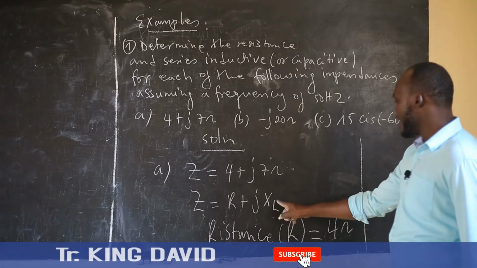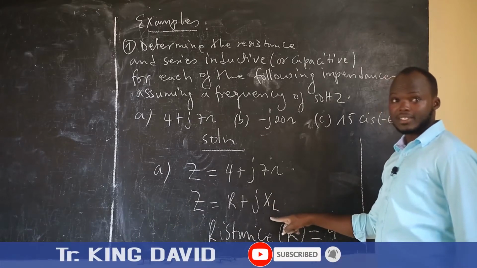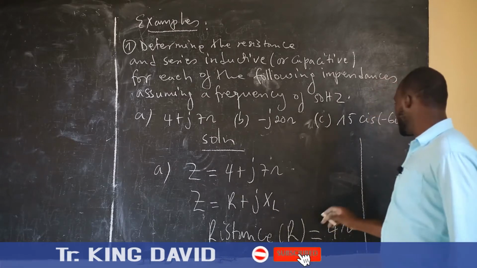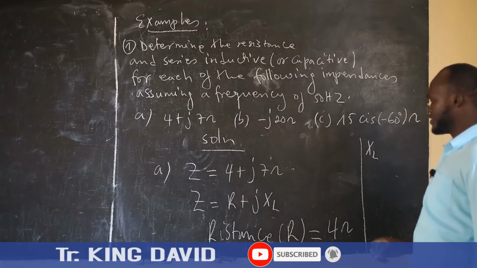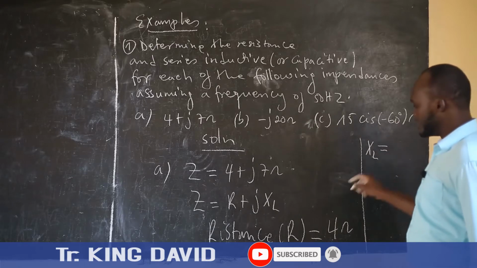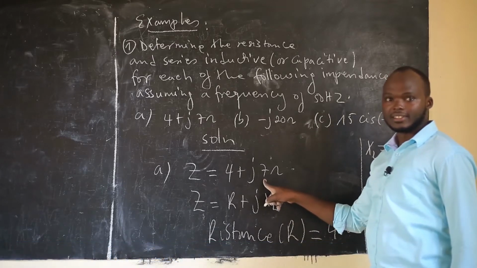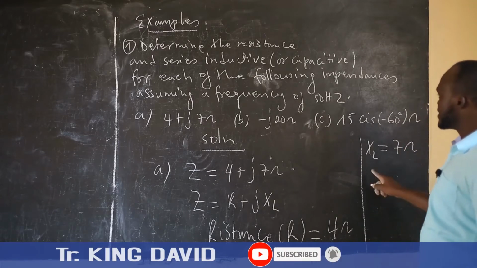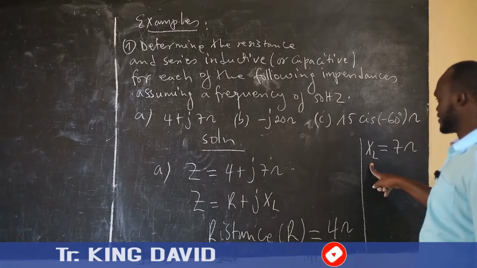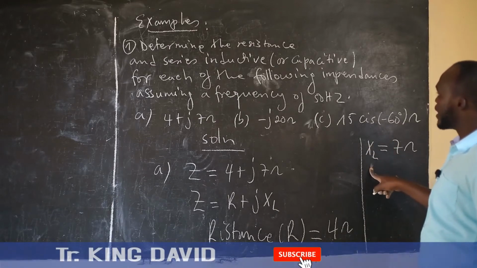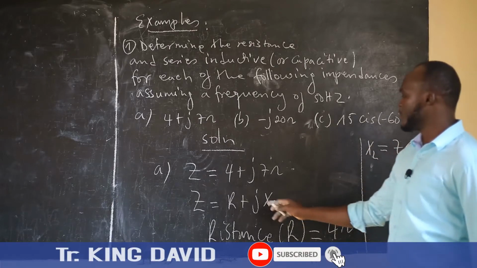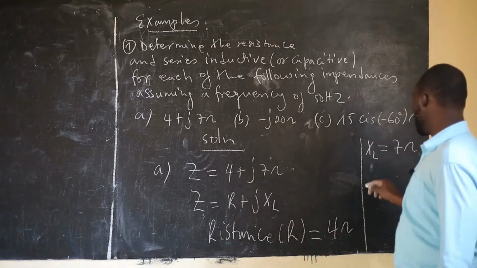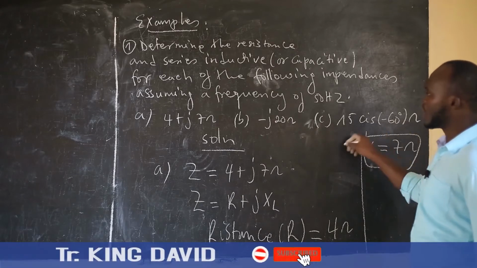Remember, since we have XL, our inductive reactance, it is 7 ohm. So this is inductive reactance. We cannot have capacitive because we have positive. Since we have positive, it will be inductive reactance, so its answer is 7 ohm.